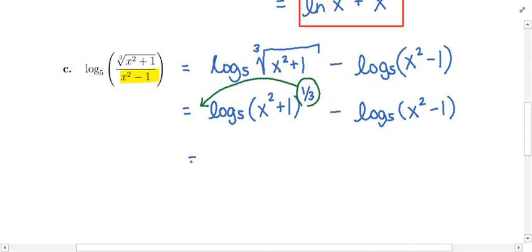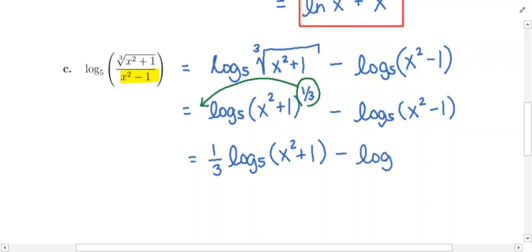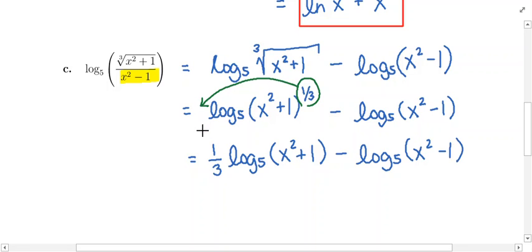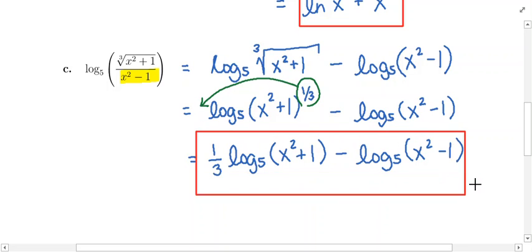So we're going to end up with 1/3 times log base 5 of the quantity x squared plus 1, and parentheses are necessary there, minus log base 5 of the quantity x squared minus 1. Parentheses are required there. Okay, this is the final answer. This is what it looks like if you expanded this logarithm.